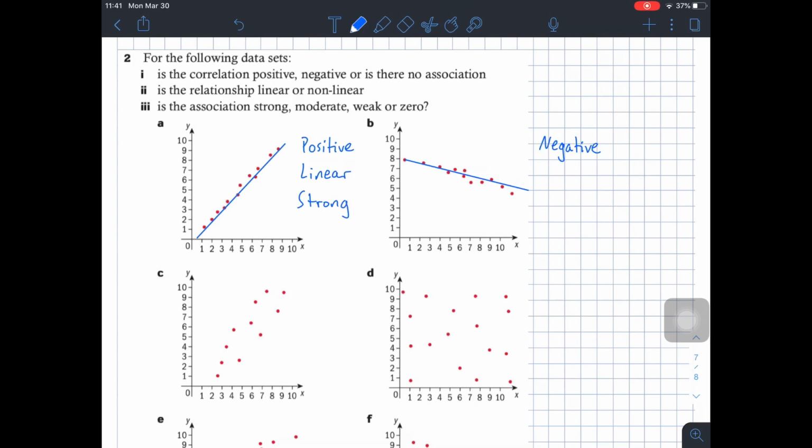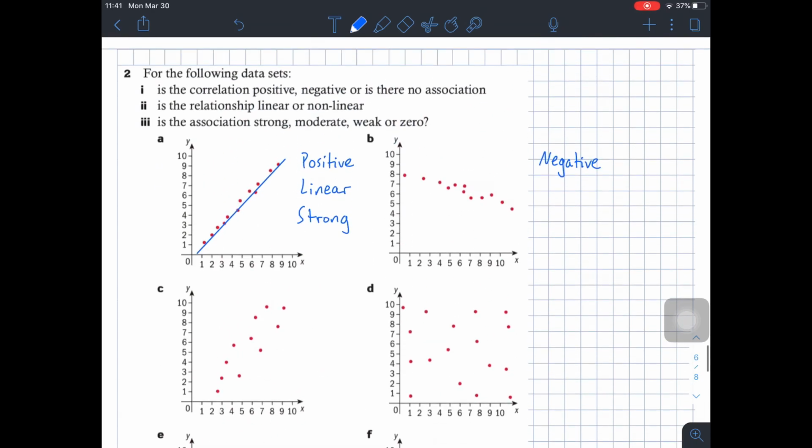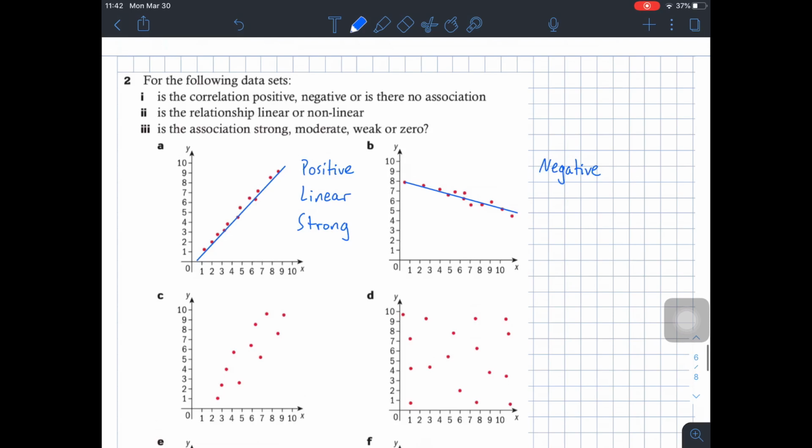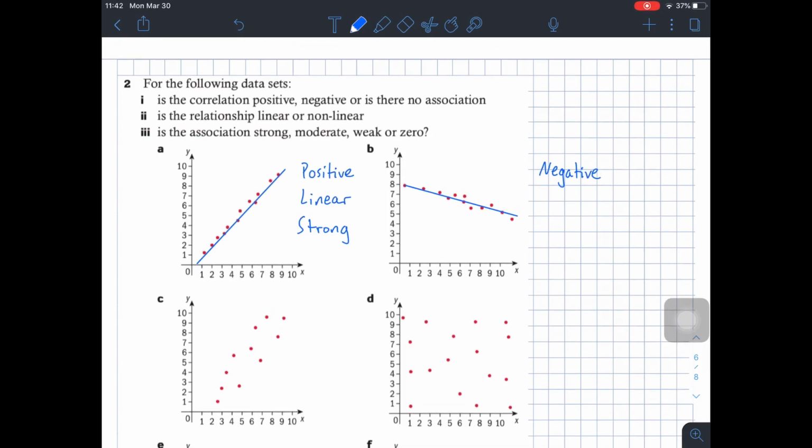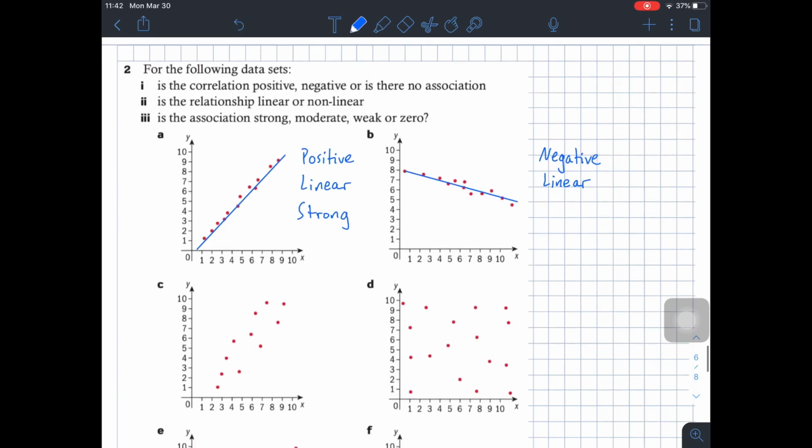If we trace a curve like this, it would fit better, but we could still have a linear correlation for this. It depends on each one's criteria, right? But I would say this is linear. Linear. And is the association strong, moderate, weak, or 0? I would say this is strong as well. There is not too much spread between the points. Strong.